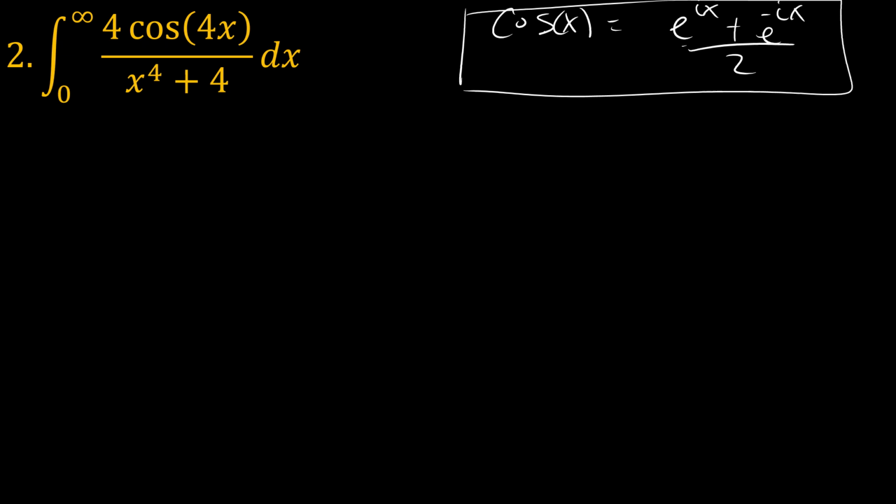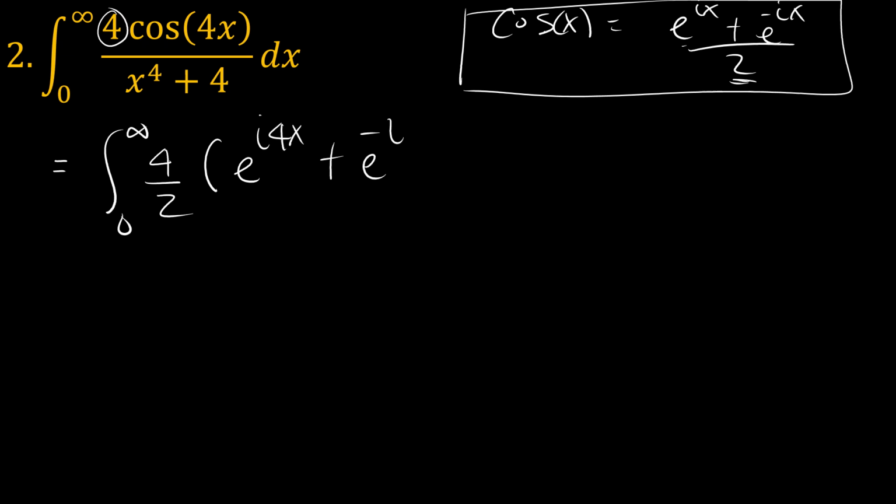So our integral now becomes 0 to infinity. And then we have this 4 here. So we say 4 over 2, talking about this 2 here. And then we have e to the power i4x plus e to the negative i4x divided by x to the 4th plus 4.